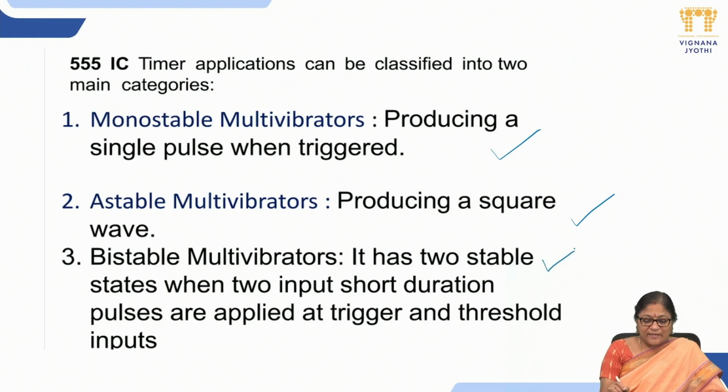Lastly, in bistable multivibrator mode, we have to provide two short duration pulses to trigger and threshold so that we can have this square wave output based on the two input signals. That is, it has two stable states, on and off, based on the input trigger pulses which are provided continuously.